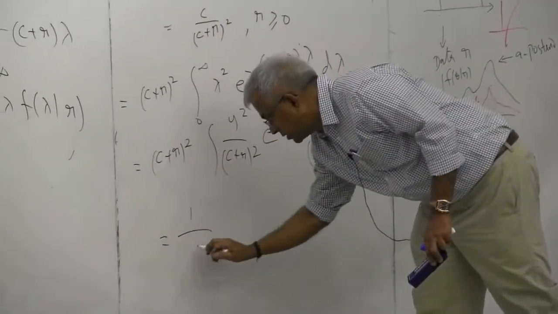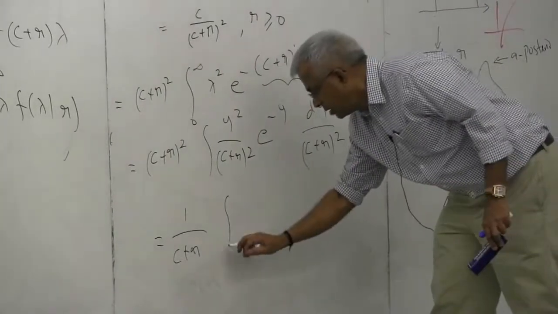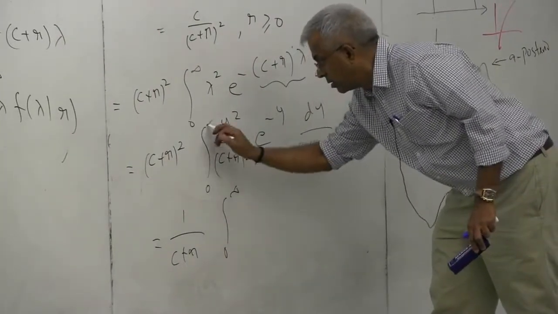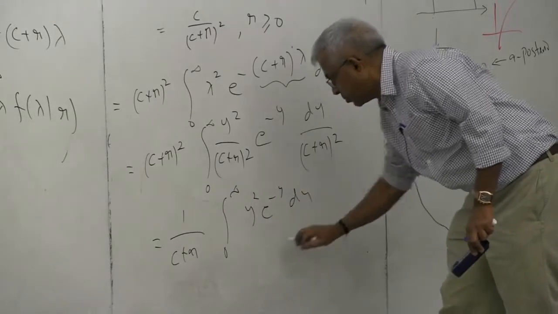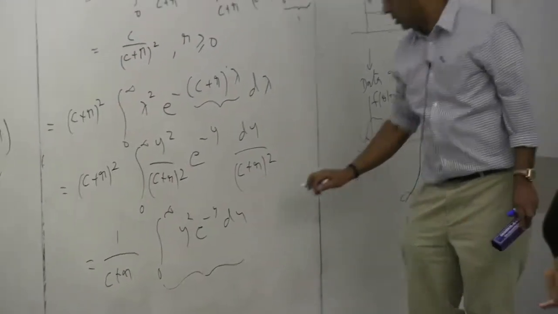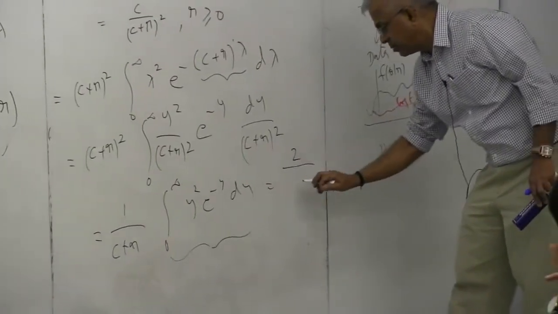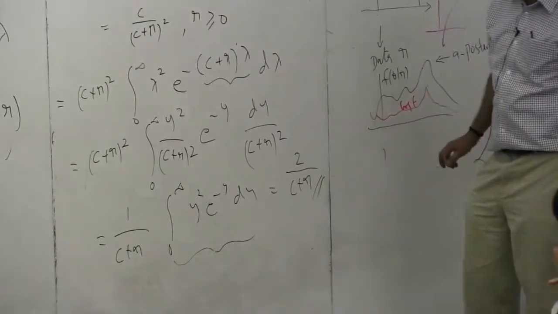So in this case it turns out to be, I think, c plus r integral 0 to infinity y squared e raised to minus y dy. Anybody knows what is the answer to this? I think it is 2. So you get the answer this time is 2 over c plus r, unless I made some mistakes.